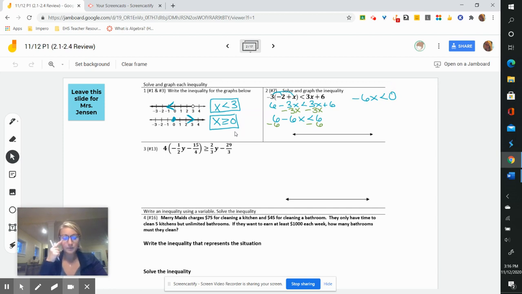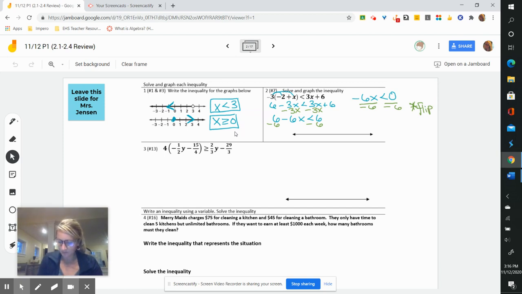Keep in mind, we want to keep solving this inequality until x is isolated, until x is by itself. So right now we are multiplying x by -6. So we're going to divide both sides by -6. And it's that step there that makes it so we have to flip our inequality symbol.